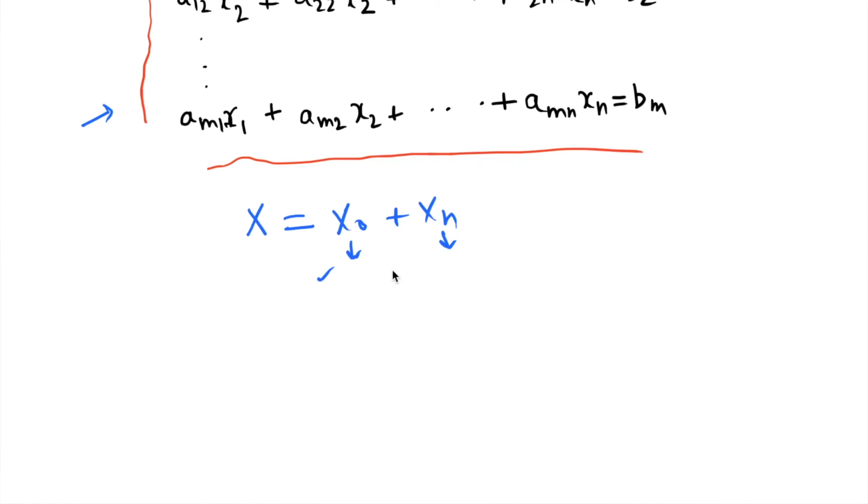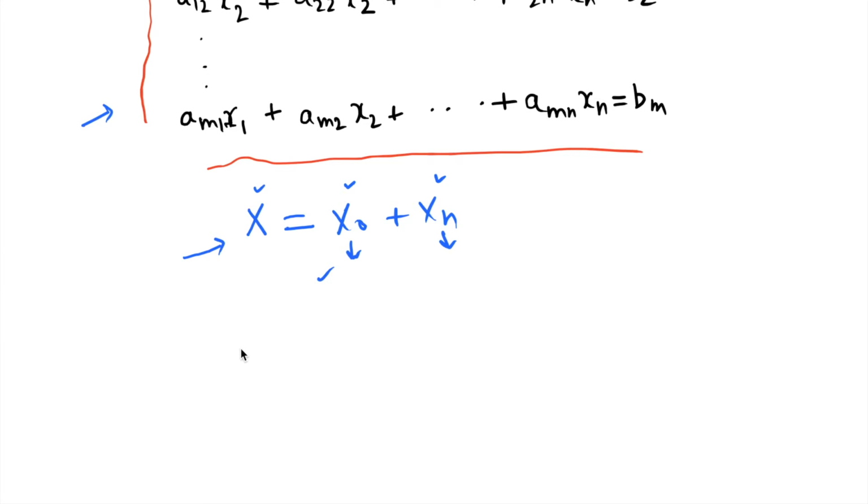And let me prove it to you. Before I prove it, I just want to remind you that each of these things here, x, x naught, and xh, are n-dimensional vectors, and each element in these vectors is x1, x2 till xn.